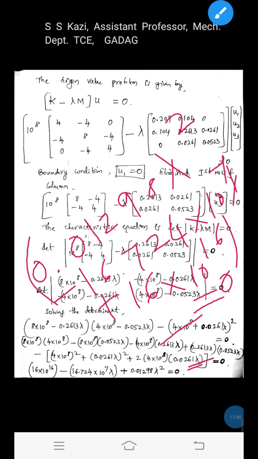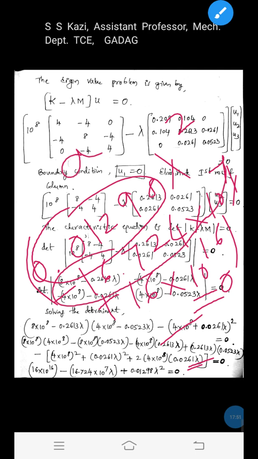How to solve this? This is in the form ax square plus bx plus c, where a is equal to 0.01298, b is equal to minus 16.724 into 10 raised to 7, and c is equal to 16 into 10 raised to 16.